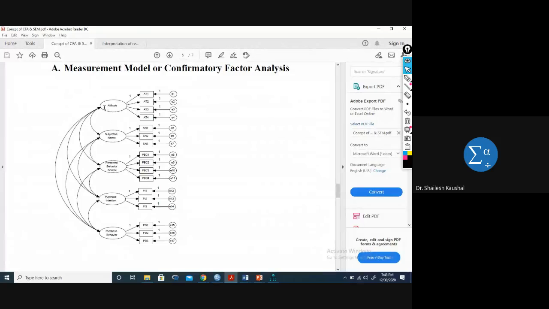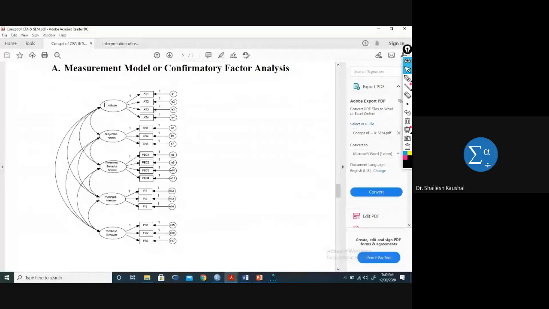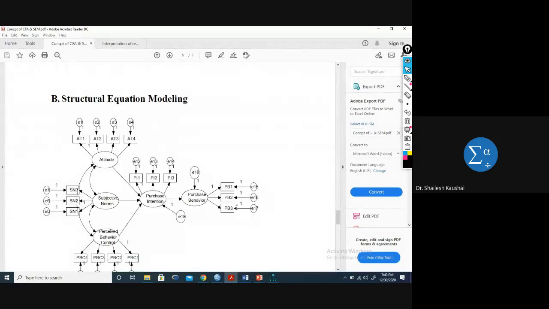Okay. And second is construct validity and discriminant validity. So this is my model. In the first step, I will run it, and then in the second stage, I will specify the model in a structural form.